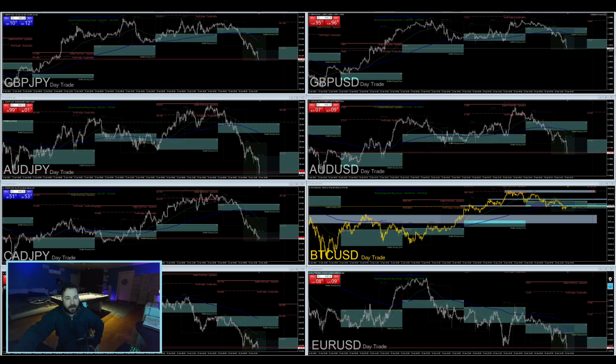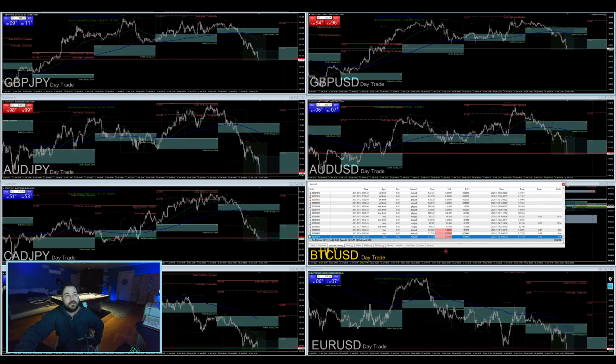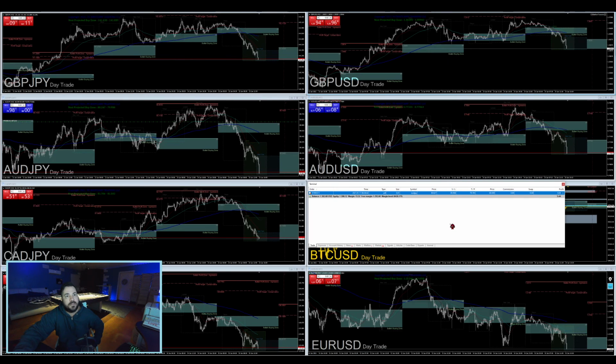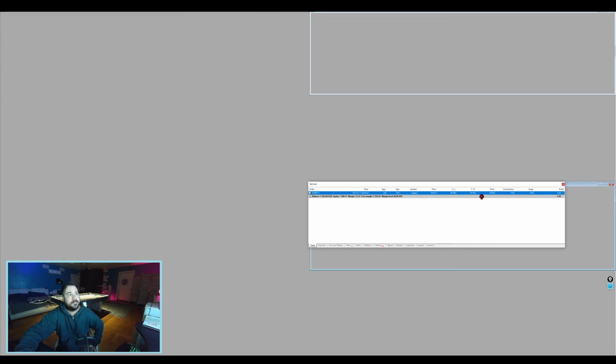All right, so I am out of everything except for my swing trade that I still have on for the Aussie yen. And that one's going to be held for a while. Let's go ahead and take a look at where we're at on that one.